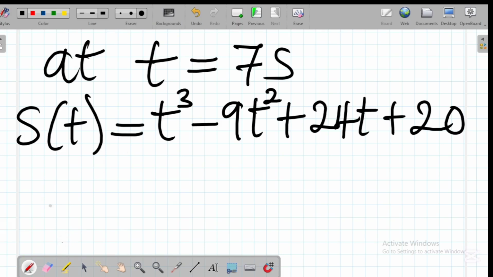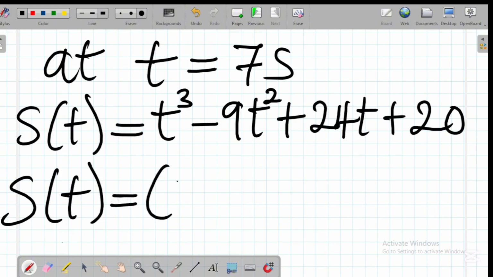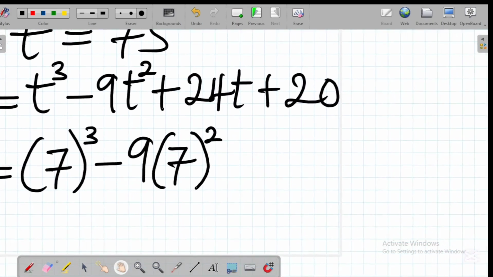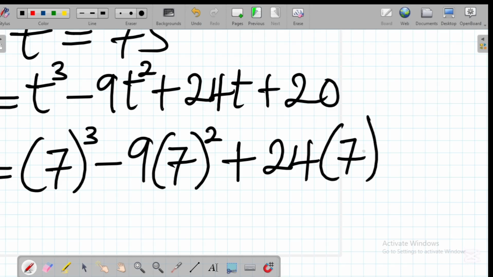So if we put t as 7 seconds into the equation, we would have s of t equals 7 raised to the power 3 minus 9 multiplied by 7 raised to the power 2 plus 24 multiplied by 7, plus 20.